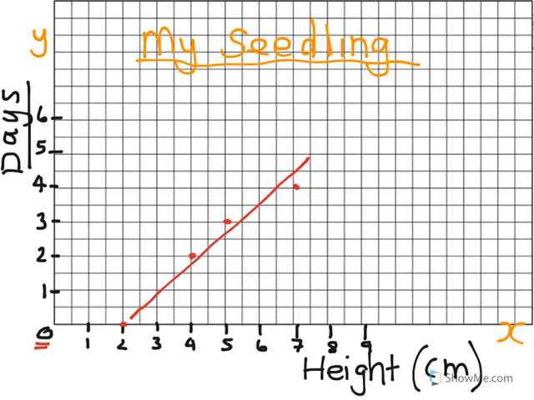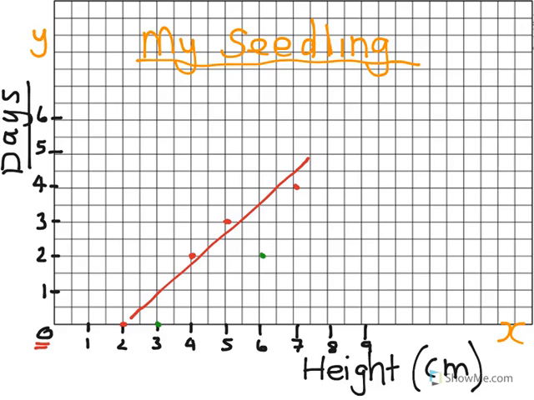So let's say with this second plant, we also started, let's say this plant started at 3 centimeters on the first day, and it had fertilizer. So its growth on the second day was massive. It was already up to 6 centimeters.